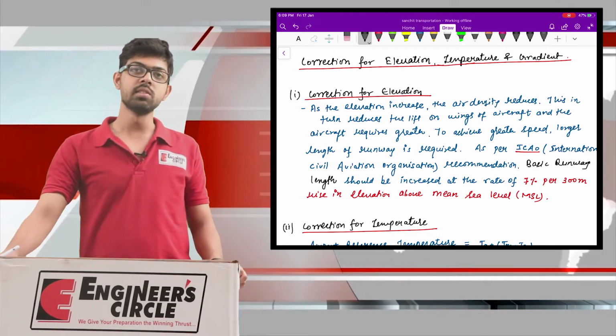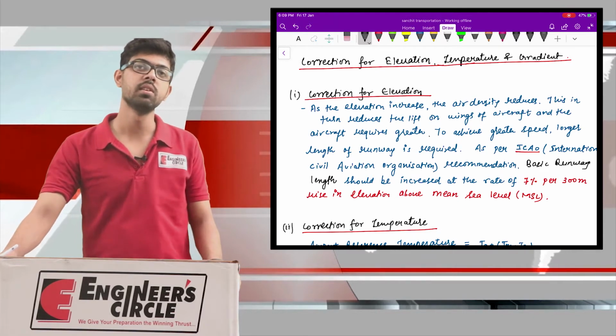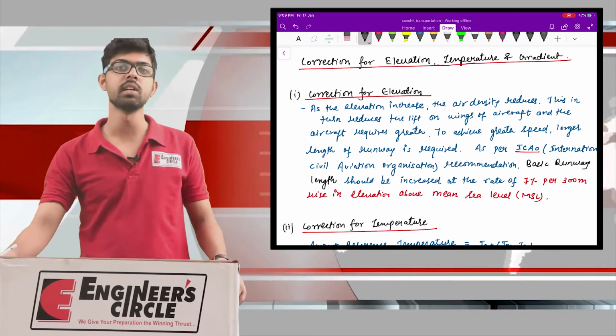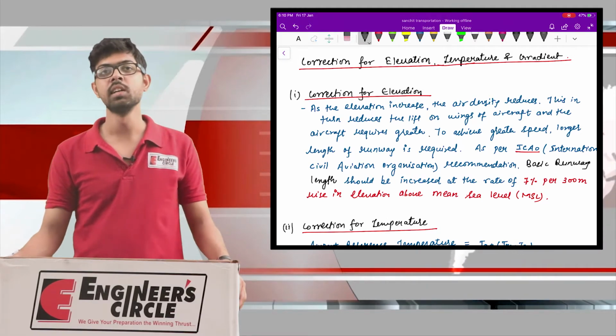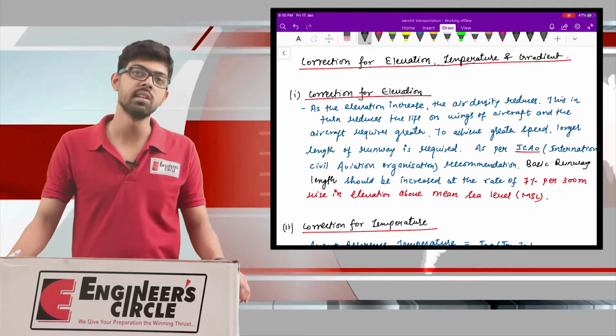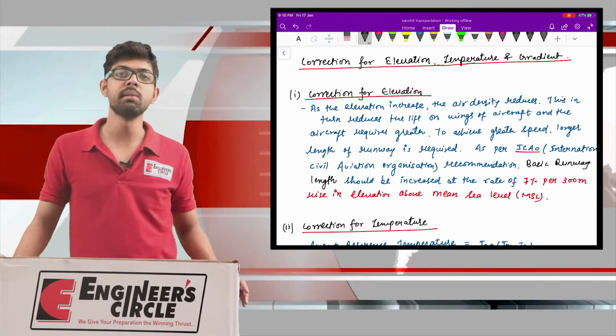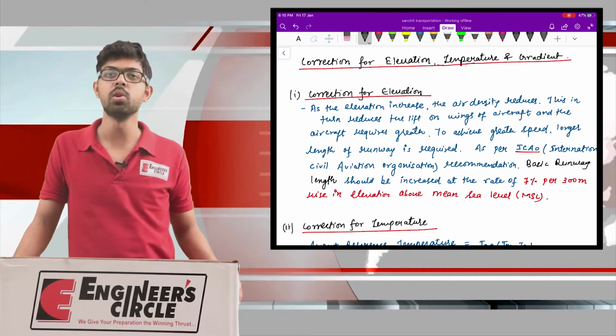So it is practically not feasible to have the airport site located exactly at the mean sea level. Also the temperature cannot remain fixed at 15 degrees centigrade, though at some place the temperature can be 15 degrees centigrade, but not at all other places.